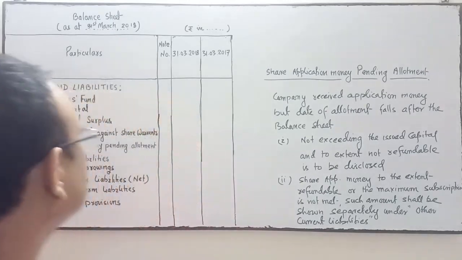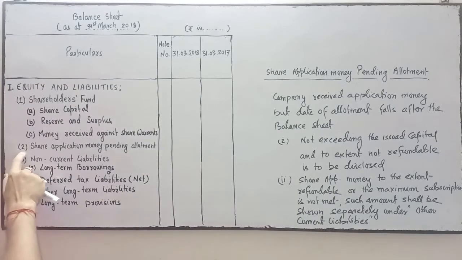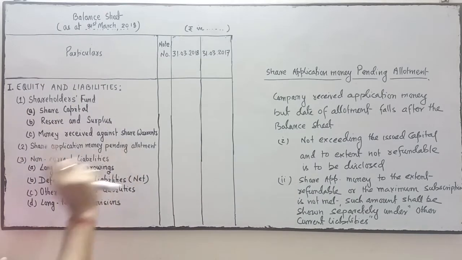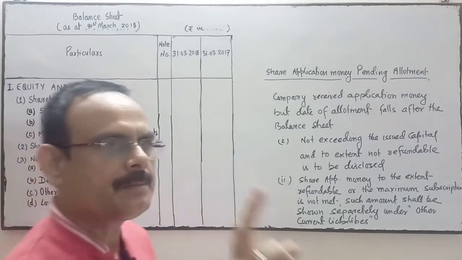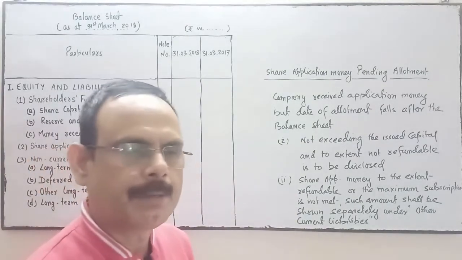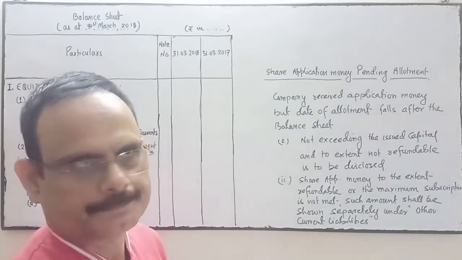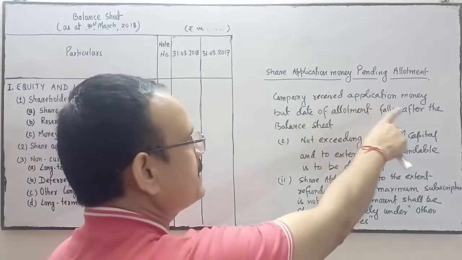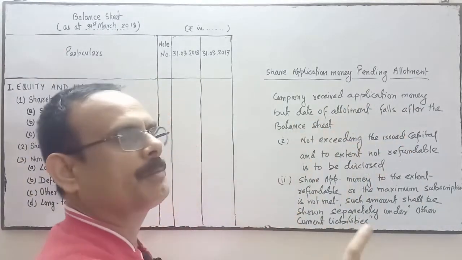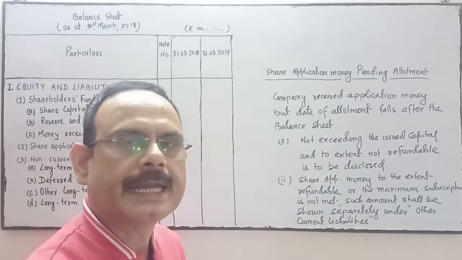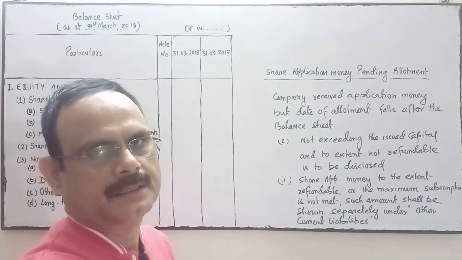Then this will be shown over here under the second heading, share application money pending allotment. So application money received by the company, but the date of allotment falls after the date of balance sheet.